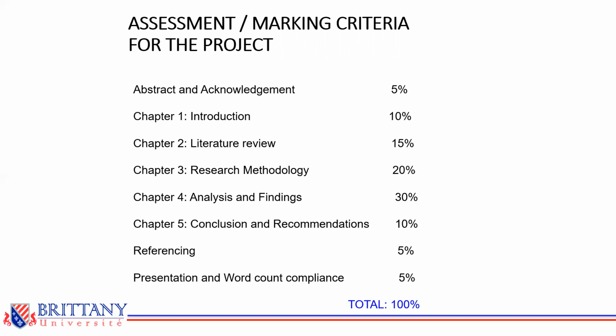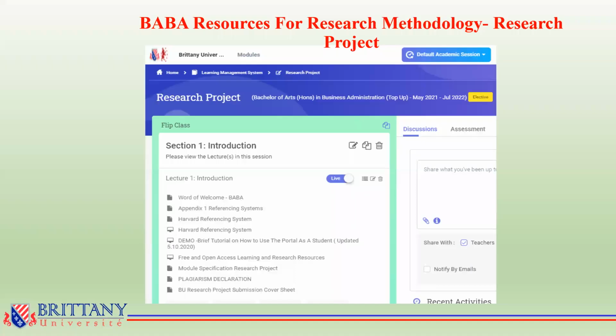If you go wrong in your analysis, you may come up with the wrong findings, and your whole research will go to waste. So the allocated marks is 30%. Conclusion and recommendation, 10%. Referencing, 5%. Your presentation and word count is 5%. Bear in mind that the word count should be between 7,000 and 8,000 words.